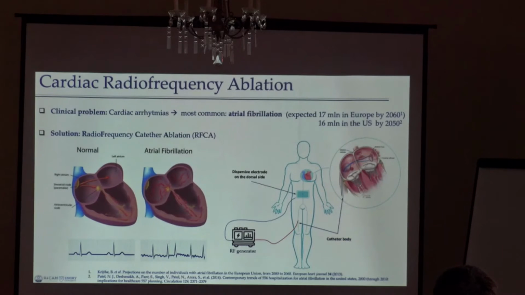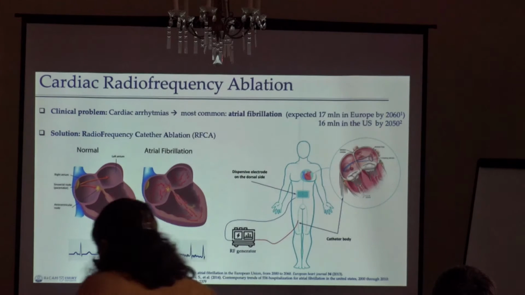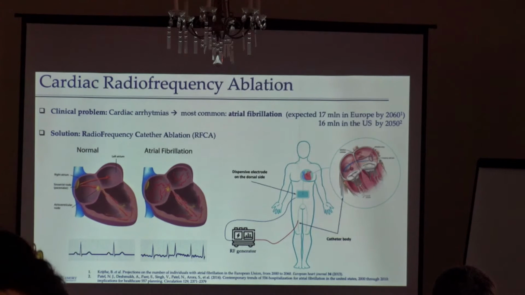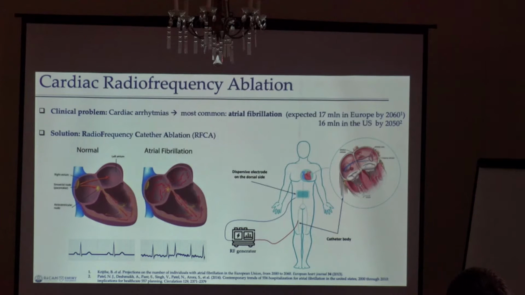In fact, if you know something about this procedure, it is very much used when we suffer of atrial fibrillation or ventricular fibrillation. This is a very diffuse disease, expected to be one of the leading causes of death as well in the previous talk.